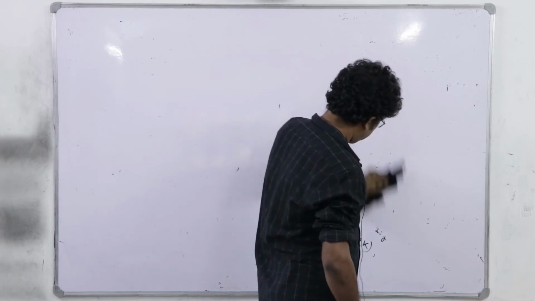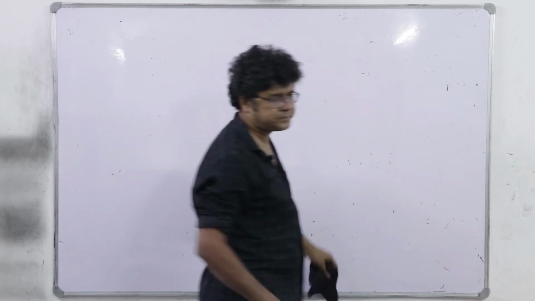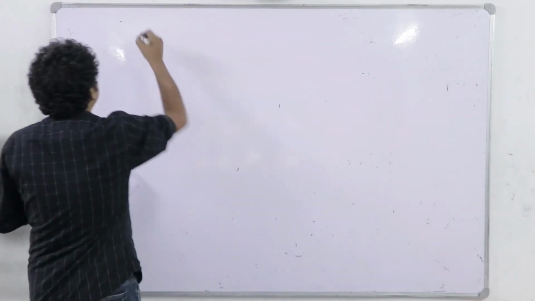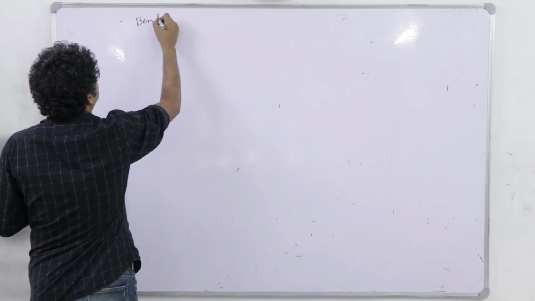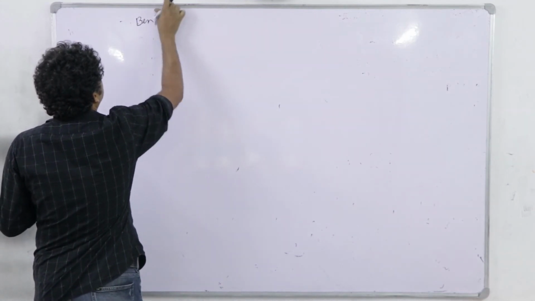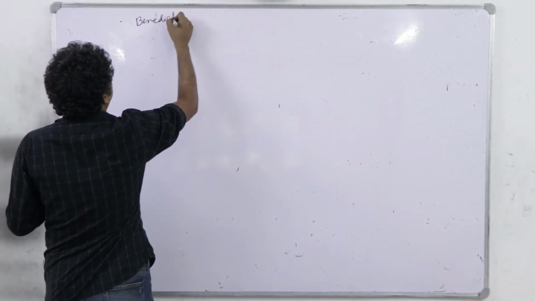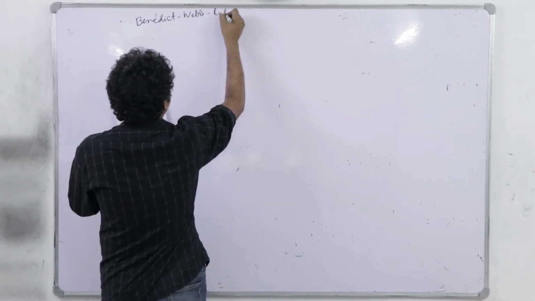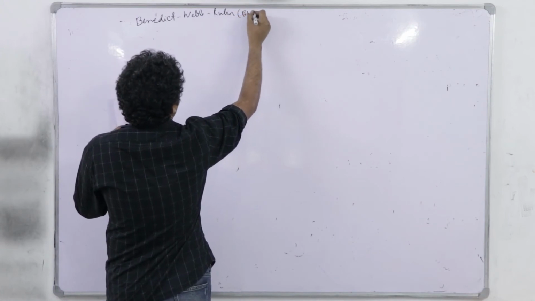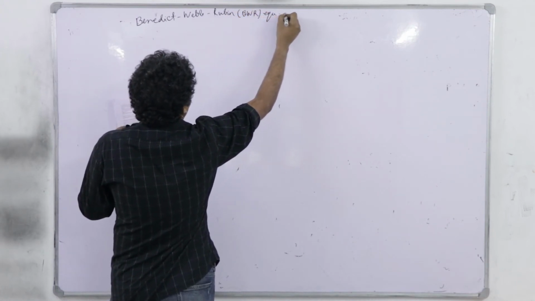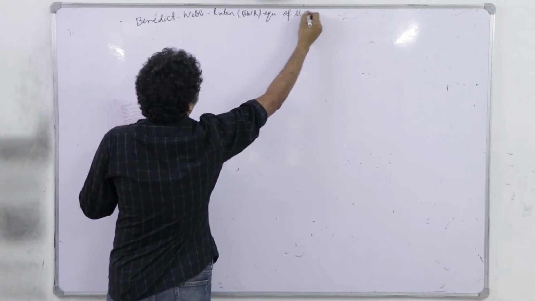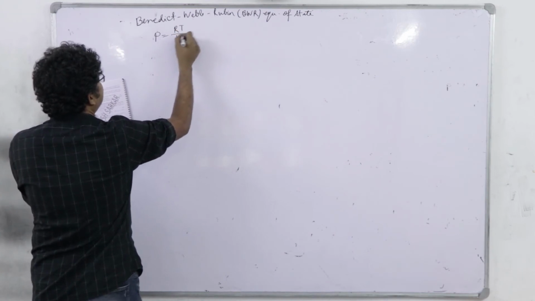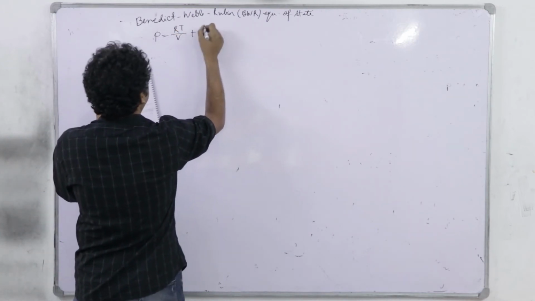One example is the Benedict-Webb-Rubin or BWR equation of state. This is not a cubic equation. So, P is equal to RT divided by V, plus B naught.